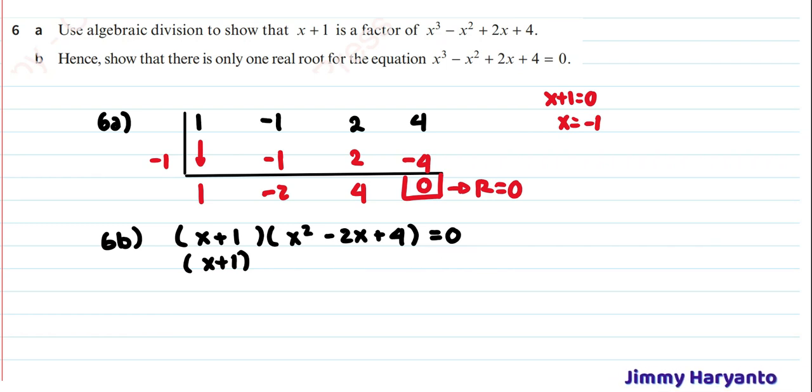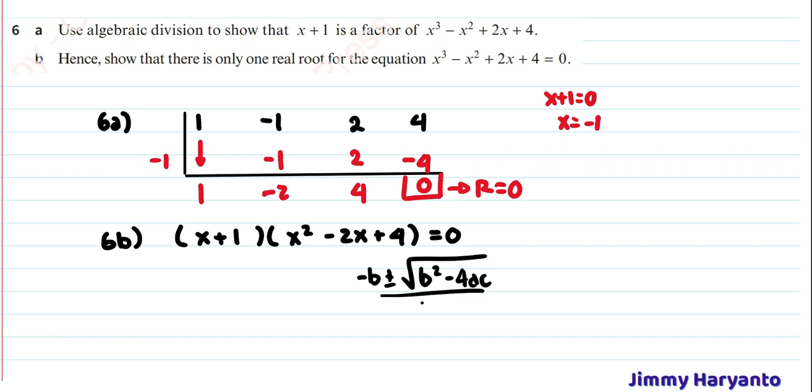Because the factorization is not working, we have to use the quadratic formula. The quadratic formula says x equals negative b plus or minus the square root of b squared minus 4ac, over 2a. So x equals negative b, that means negative of negative 2. So which one is the a, b, c? This one is a, this one is b, this one is c.